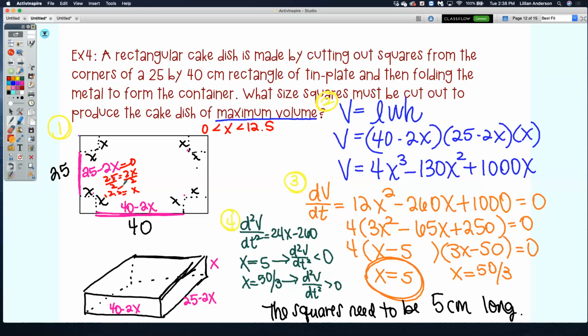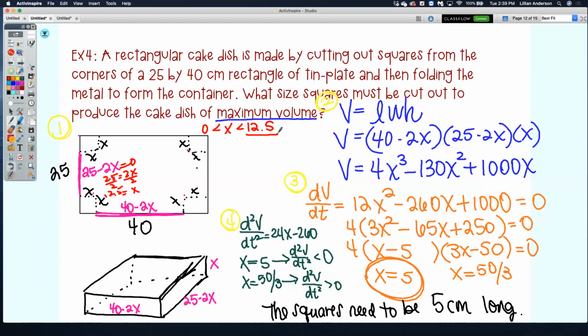50 over 3 is actually bigger than 12.5, isn't it? Yeah, so 50 over 3 wouldn't even work. If we were looking from negative infinity to infinity, it would. But inside of this cake dish, I can only go to 12.5. If you check that endpoint of 12.5, which actually you wouldn't check because that would produce no squares, it would mean basically cutting all the way through.